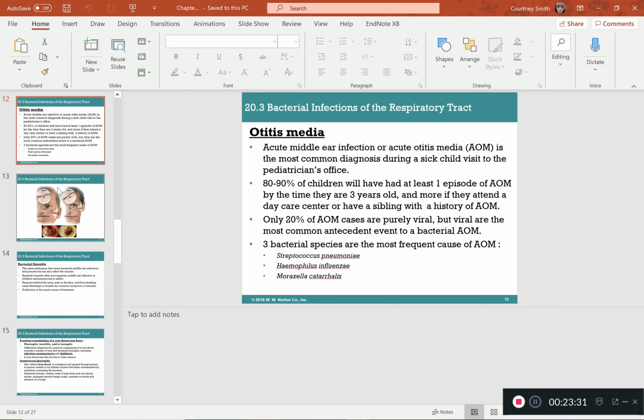Most people have experienced them, primarily in childhood; you normally had one by the time you were 2 or 3, and it's highly associated with daycare workers. It can be caused by 3 bacterial species: Strep pneumoniae, H. influenzae, and M. catarrhalis.